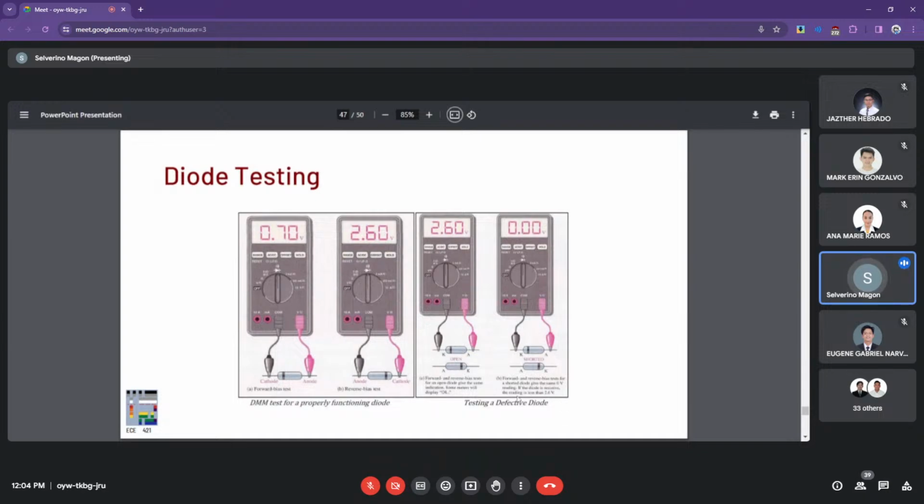Now a defective diode, all right, will not open even if you apply the proper forward bias. Or in another case, if you have a burned device, it will just act as a short circuit, no?